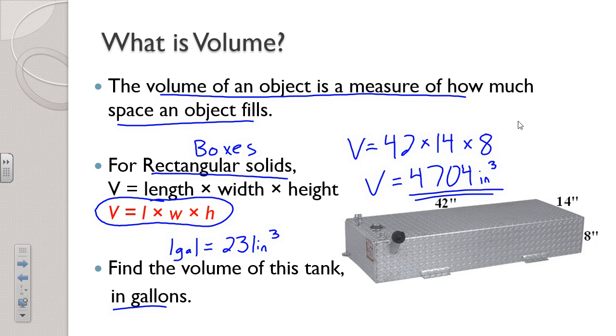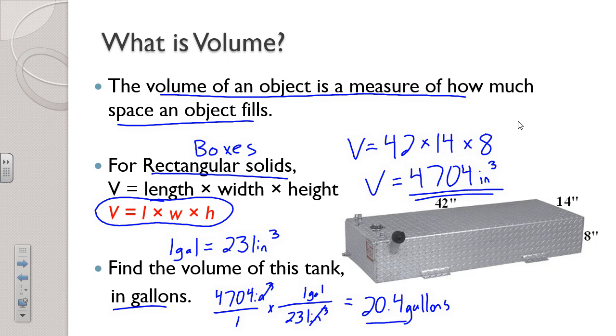So let's do that conversion. 4,704 cubic inches over 1, and 231 cubic inches make up each gallon. That makes the units cancel. And when you divide that, you get 20.4 gallons. This would probably be sold as a 20-gallon tank, allowing a little bit of room for air and fuel expansion.